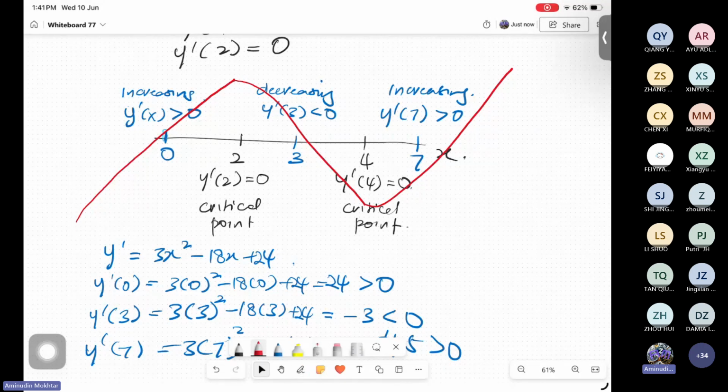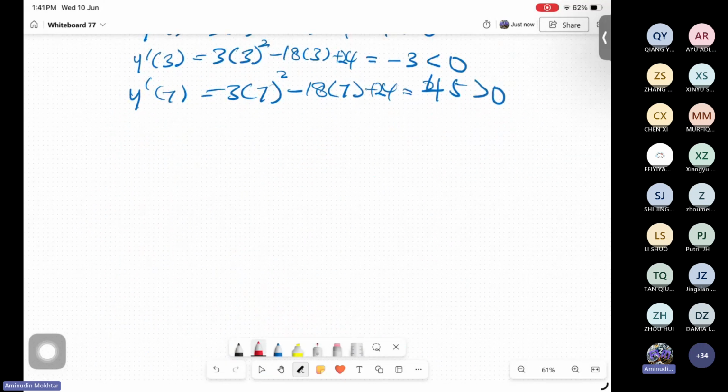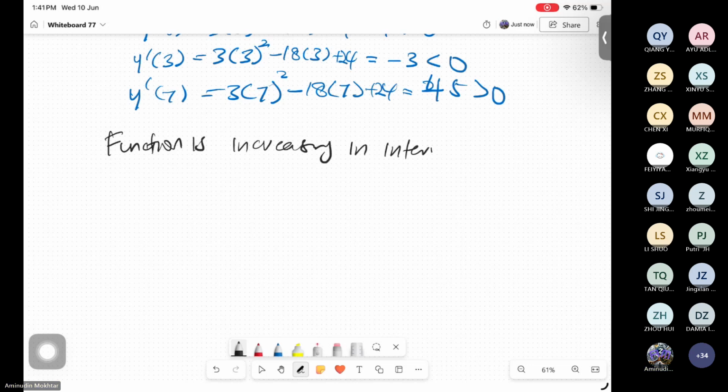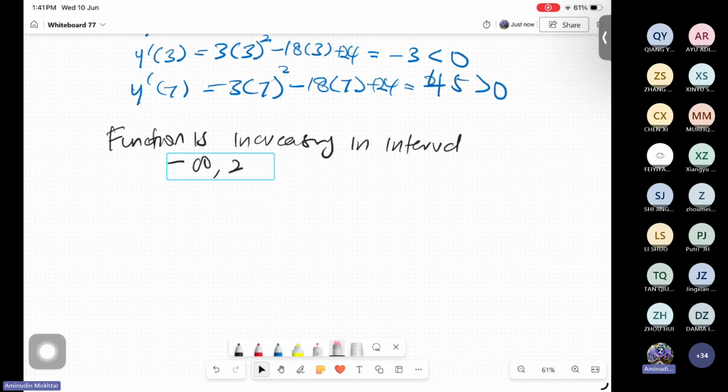So in conclusion, the function is increasing in the interval negative infinity to 2, and also when x is 4 and above, 4 to positive infinity.